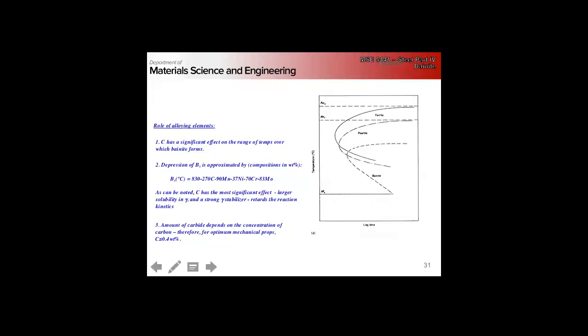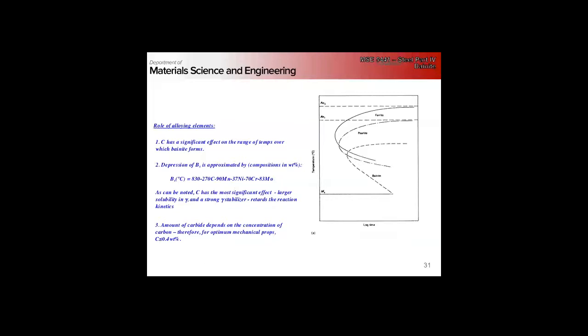And then in terms of other elements, they are all going to basically have the effect of lowering the bainite start temperature, right?